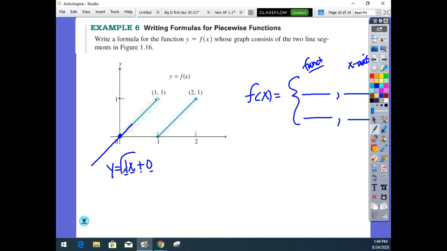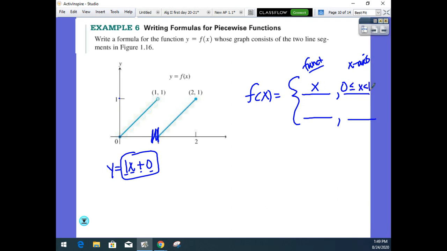I don't really need the 1 because 1x is the same as just x, and I don't need 0 because I don't need to add 0. But what part am I using this for? I'm using it where x is in between 0 and 1. Notice 0 is included, but 1 is not.